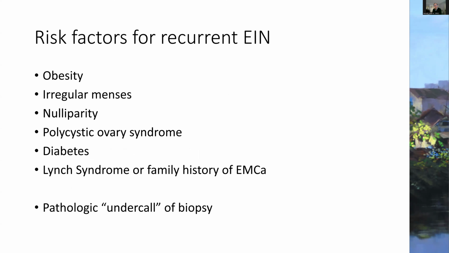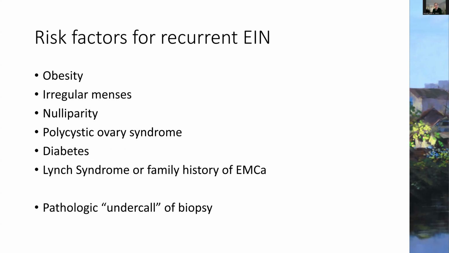But also diabetes and patients who have a history of Lynch syndrome or other family members with endometrial carcinoma. And of course, there's always the risk, because this is a challenging initial diagnosis, that the initial biopsy was undercalled and referred to as EIN, when in fact it perhaps met the qualifications for carcinoma.